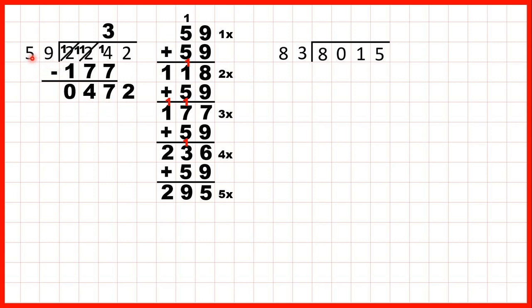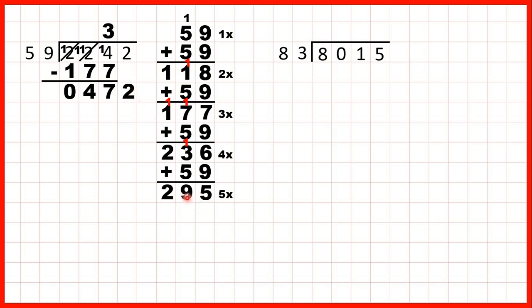472 divided by 59. But 472 is a lot more than even 295. But here, rather than adding 59 each time until we get to 472, what we can do is estimate our answer.